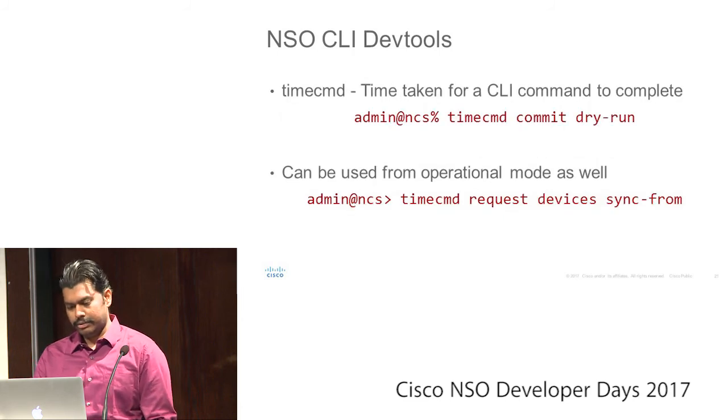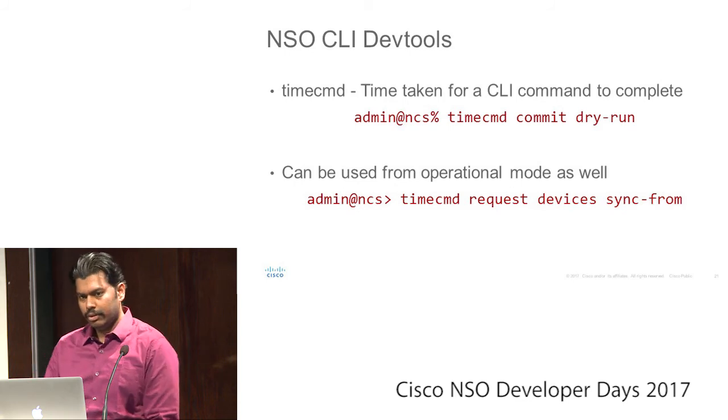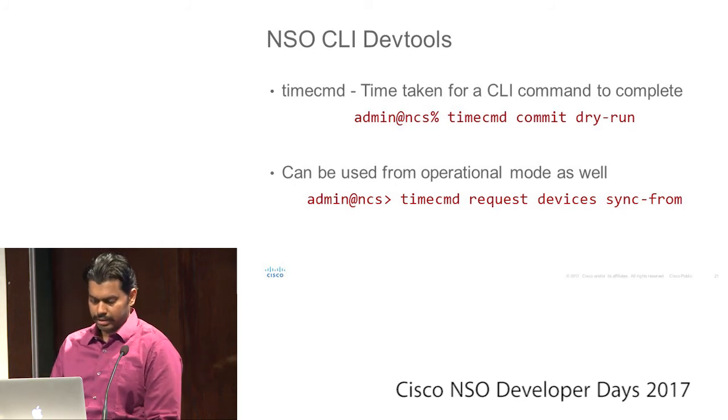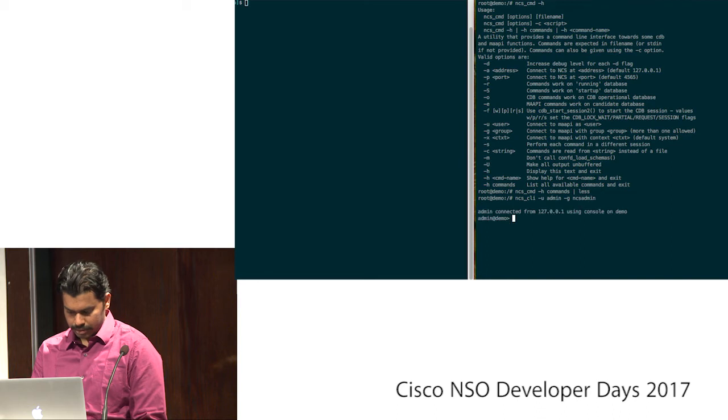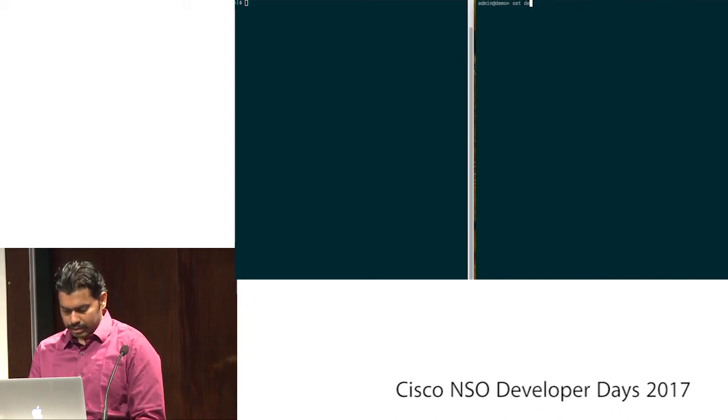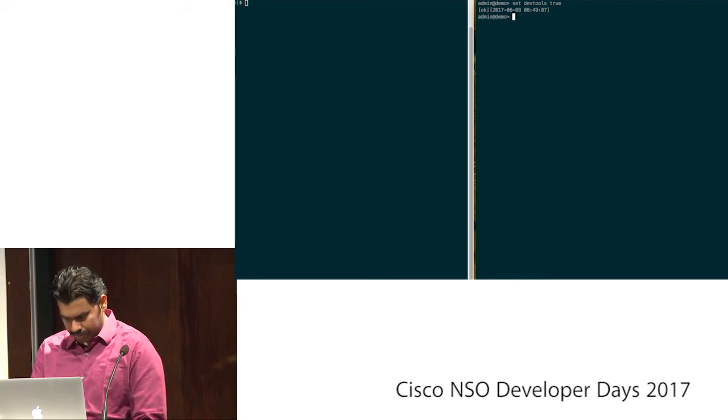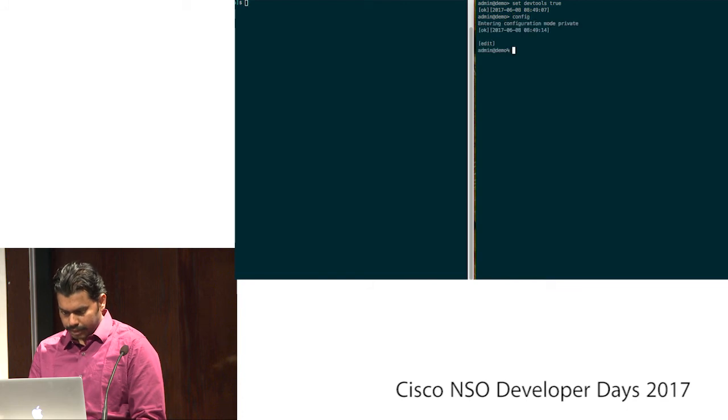And the first one, for example, is time command. That tells you how long a command takes to run. So if you do, so I set it to true, and time command.